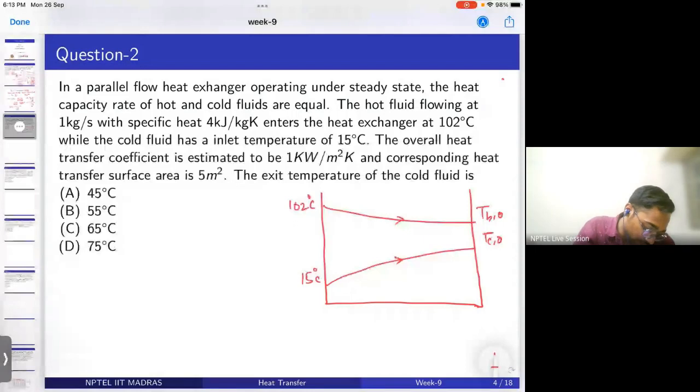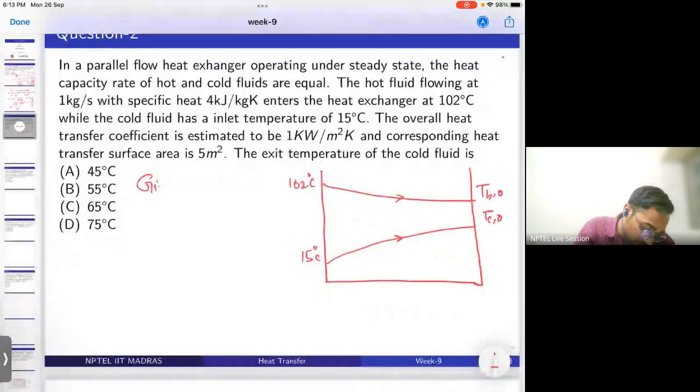So what are the given parameters here? It is given that the heat capacities of cold fluid and hot fluid are equal, and this is equal to 1 into 4000, which is equal to 4000 joules per Kelvin second.